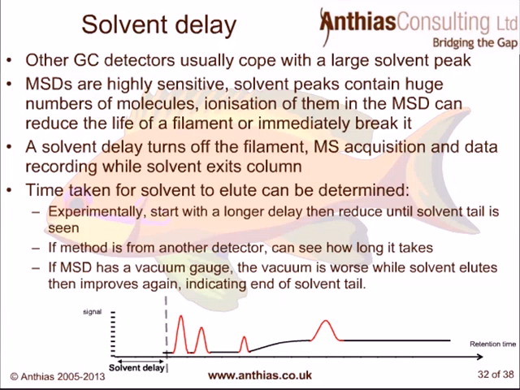If the method is from a different detector, for example an FID, you can see approximately how long it takes. Also, if your mass spec has an ion gauge, you can see what the vacuum is doing. When the solvent goes through the mass spectrometer, the vacuum gets worse and then improves again once the solvent tail has gone through.